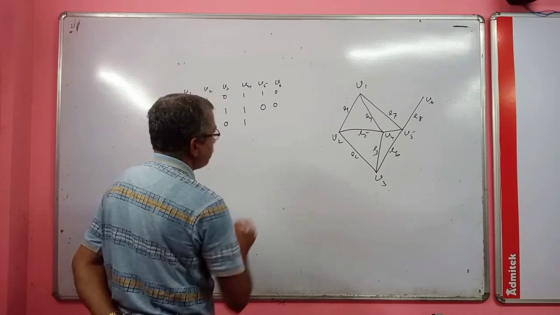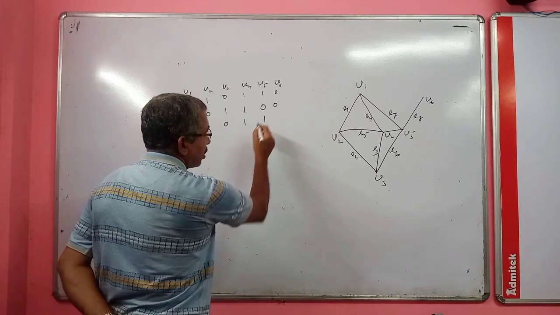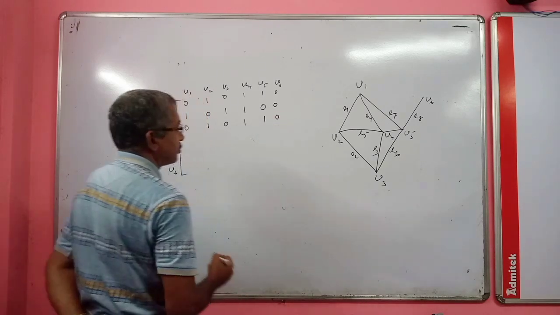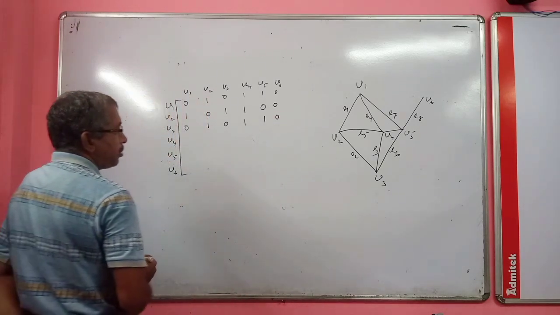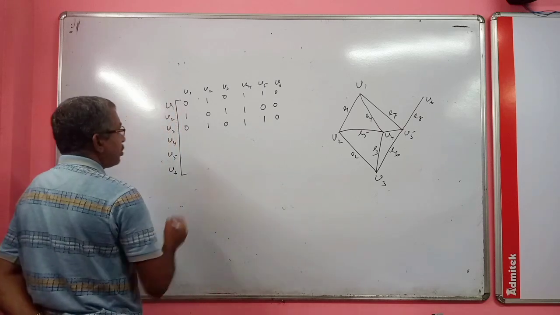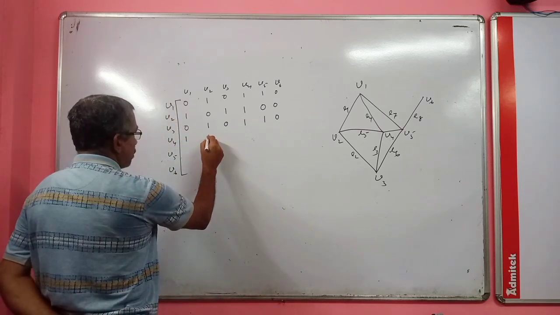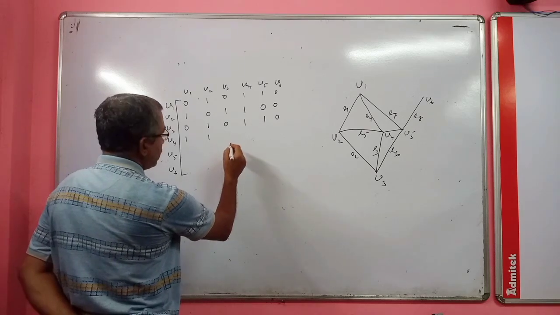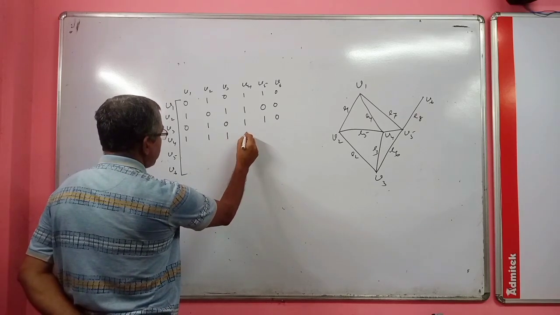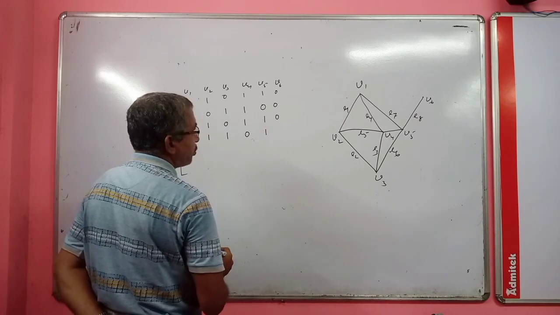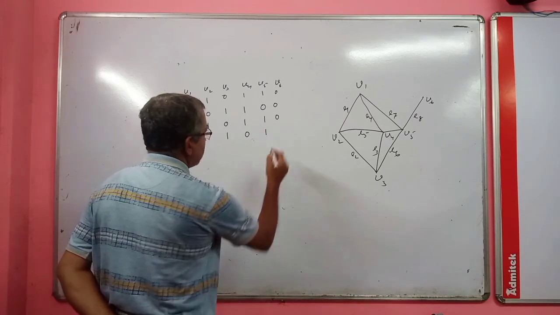V3 V5 it is also 1. V3 V6 there is no edge. Then V4 V1 1, V4 V2 1, V4 V3 1, V4 0, V4 V5 1, V4 V6 0.